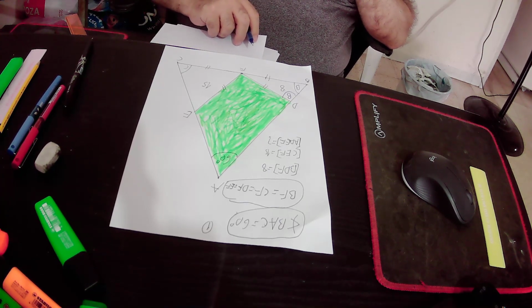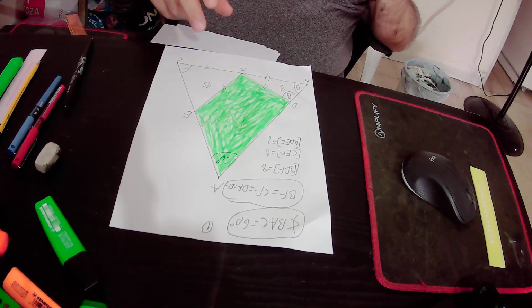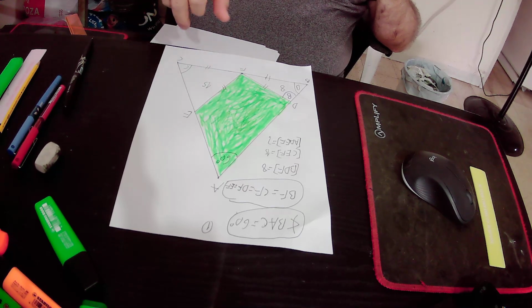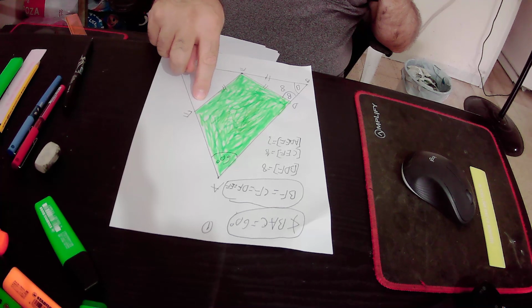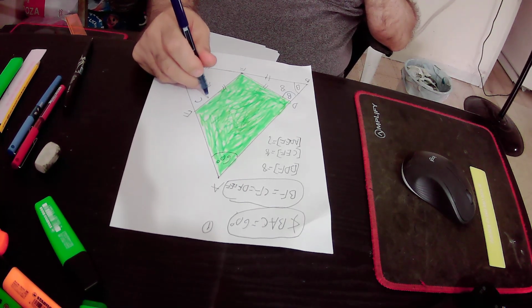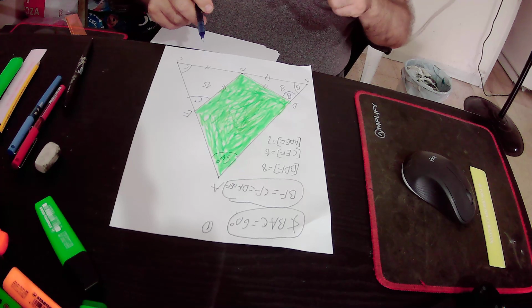So according to rule number 2, in front of EF we have angle C, and we know that FE equals FC, so in front of FC we must have the same size of angle, that is to say this angle in front of FC must also be equal to C. So this angle is C, because in front of equal sides there are equal angles.